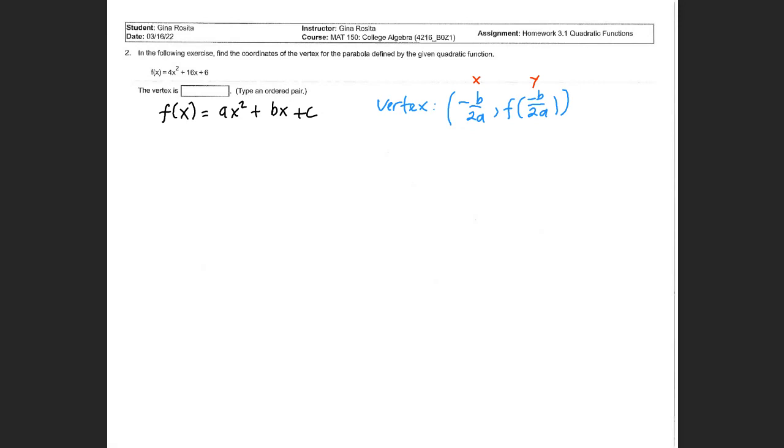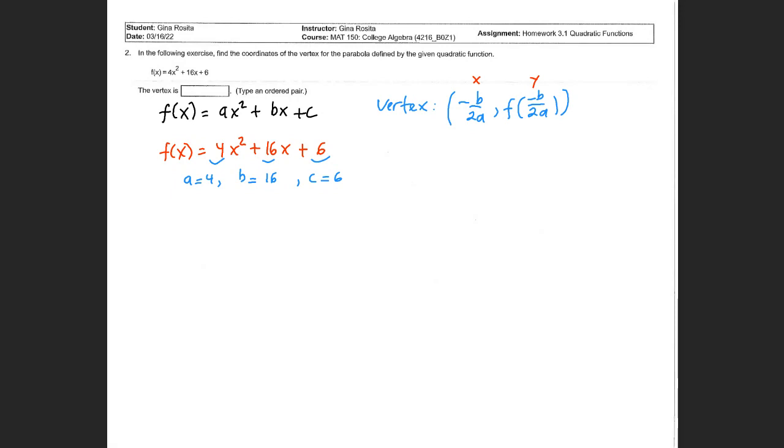Now the problem is f(x) = 4x^2 + 16x + 6. So we find a, b, c here: this is a, this is b, this is c. So a = 4, b = 16, c = 6.